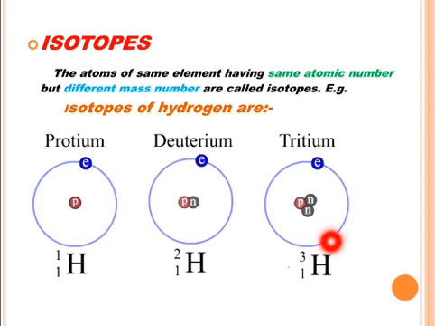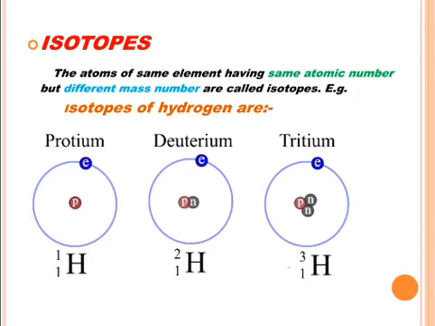It is clearly seen from these three symbols of isotopes of hydrogen that protium, deuterium and tritium all have the same atomic number, that is 1, but their mass numbers are different. Protium has mass number 1, deuterium has mass number 2 and tritium has mass number 3.